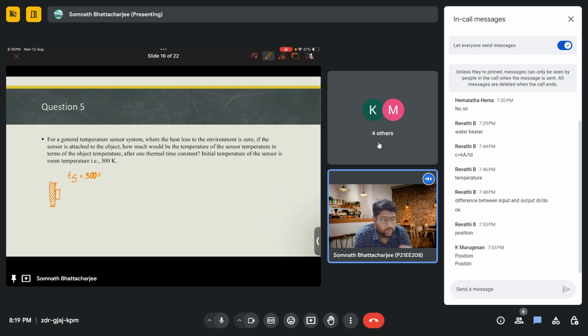If there is no heat loss at all, what will be the value of this thermal time constant? How much the temperature of the sensor can we calculate in terms of this time constant? You can just use any kind of convention as well.